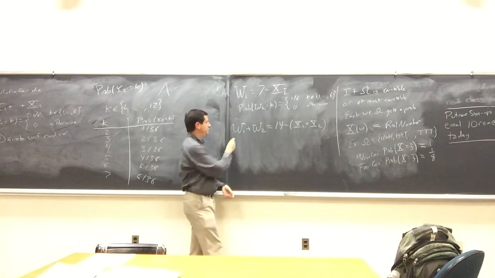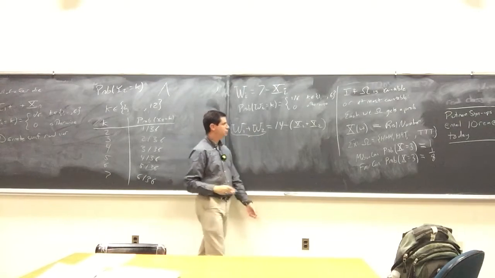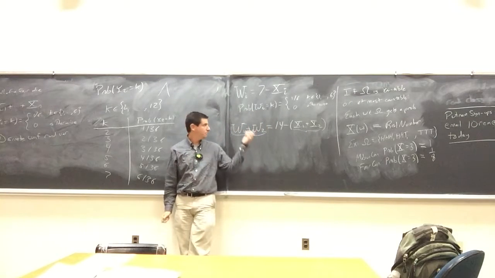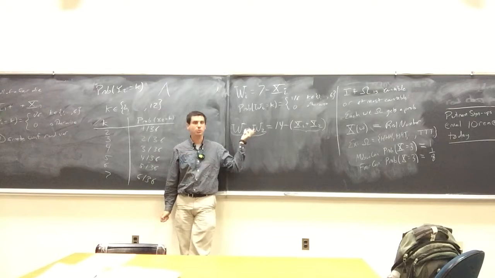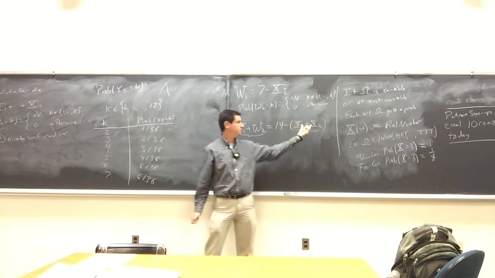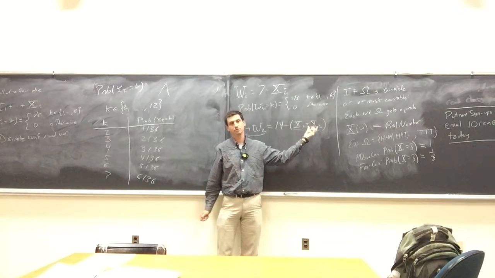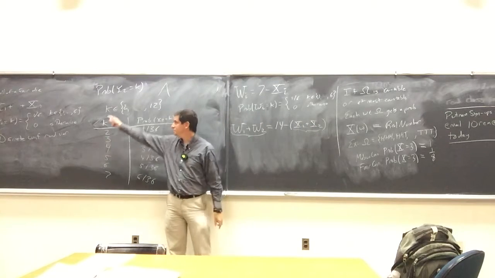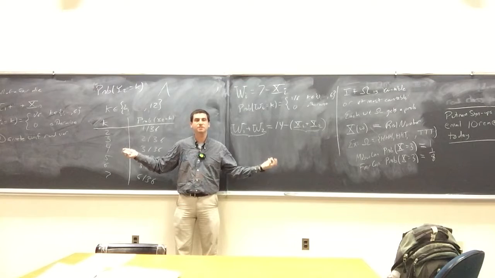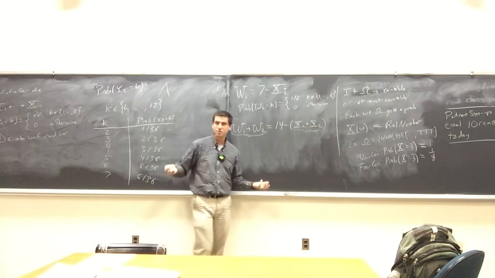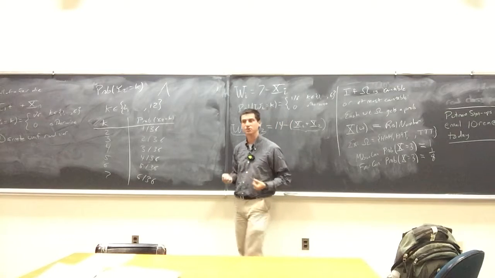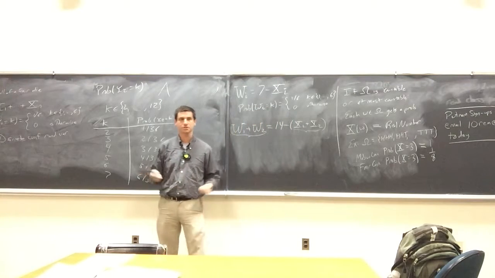I claim that this has the same distribution as this. That the sum of W1 plus W2, the probability that this equals 3, is that the same as the probability that X1 plus X2 equals 3? These have the same density. There's no difference between the density of W1 and X1. There's no difference between the density of W2 and X2. They both assign values of 1/6 to the elements 1 through 6.